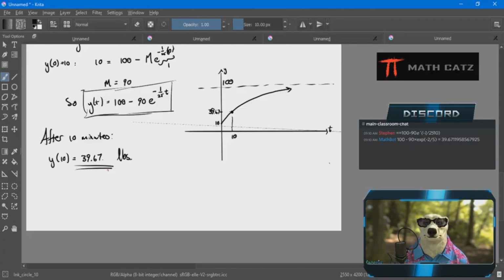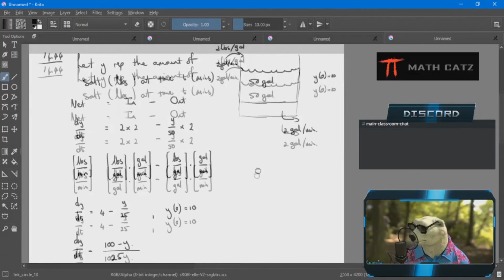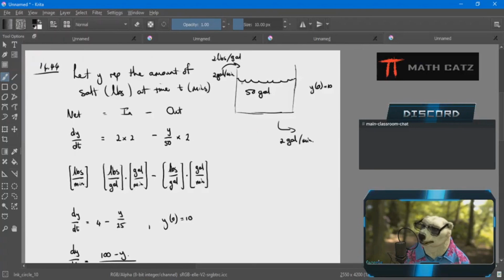But we know from the function that the amount of pounds of salt is slowly increasing to try and reach this 100. It's a hard cap. It'll never actually get to 100, and the closer it gets, the more it slows down. Initially what's coming out of the tank has a very low amount of salt, so I'm gaining salt rapidly.